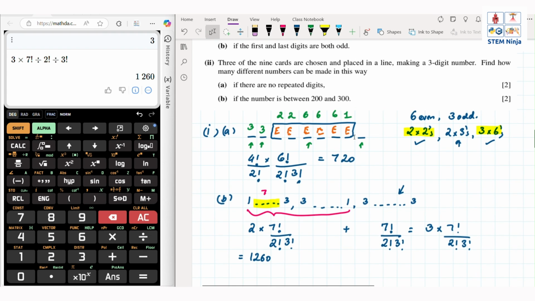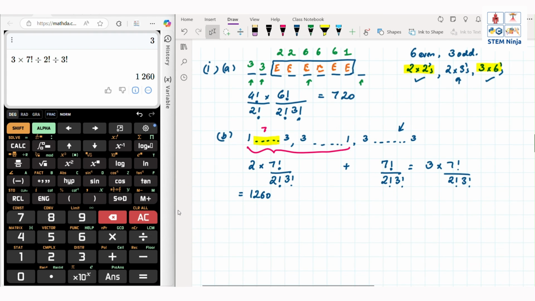right? 3 of the 9 cards are chosen and placed in a line, making a 3-digit number. Find how many different numbers can be made this way if there are no repeated digits. That means all the digits are unique. So to understand this, we need to know how many unique numbers there are.